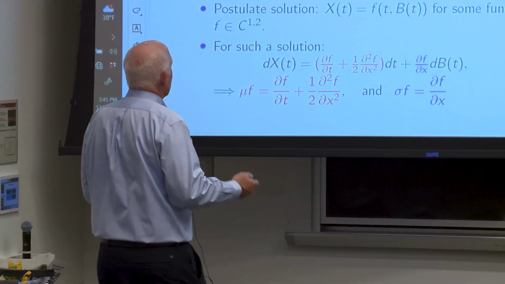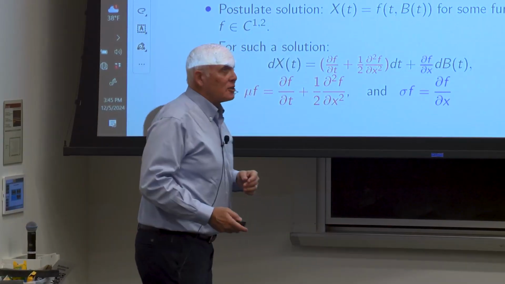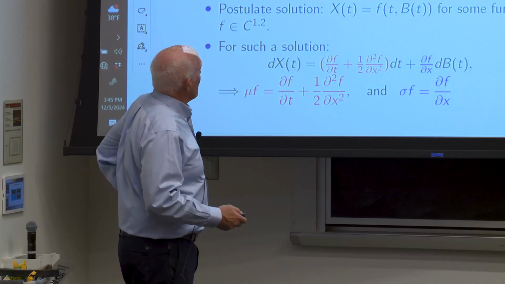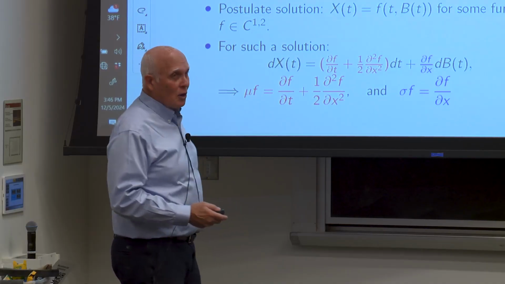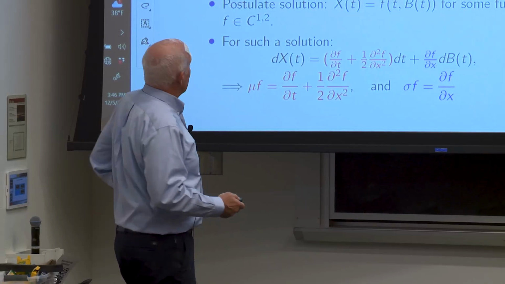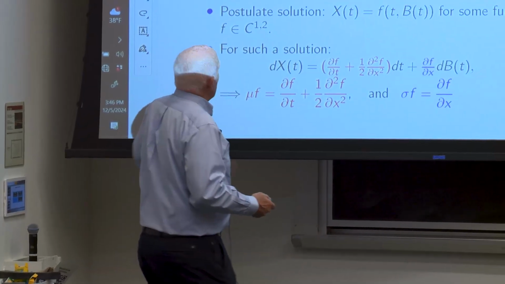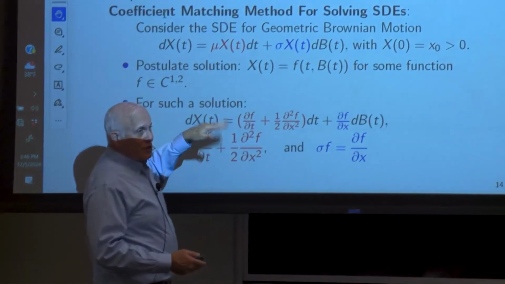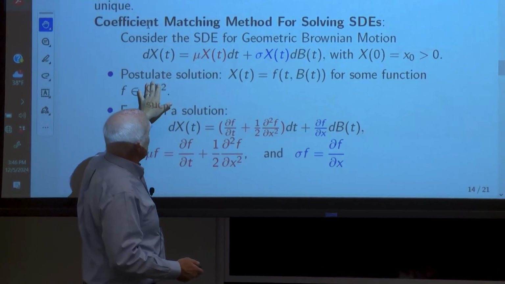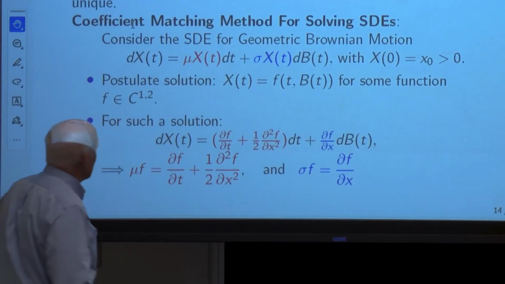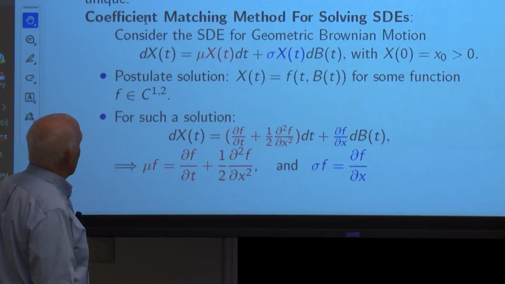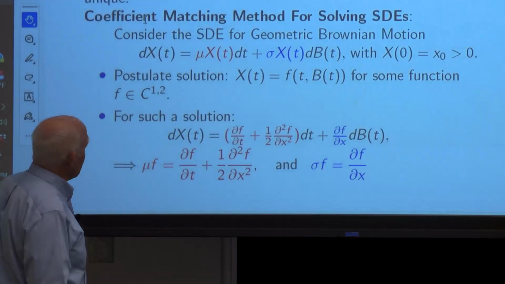Now, in solving these stochastic differential equations, a method that turns out to be very useful is a method called coefficient matching. Let's just illustrate coefficient matching for geometric Brownian motion. So here's the differential equation for geometric Brownian motion.